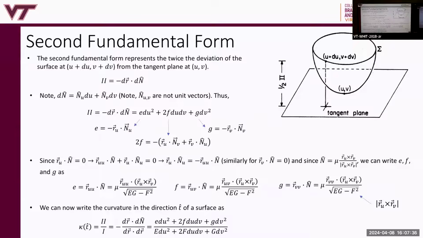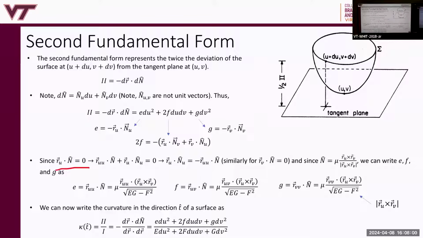So I added some extra words here on how to calculate these. This RU crossed RV is nothing but square root of EG minus F squared, right? And then here we say since RU dotted with n hat is equal to 0, because n is normal to the tangent plane and RU lives in the tangent plane, then what we can do is we can differentiate this with respect to u, right?